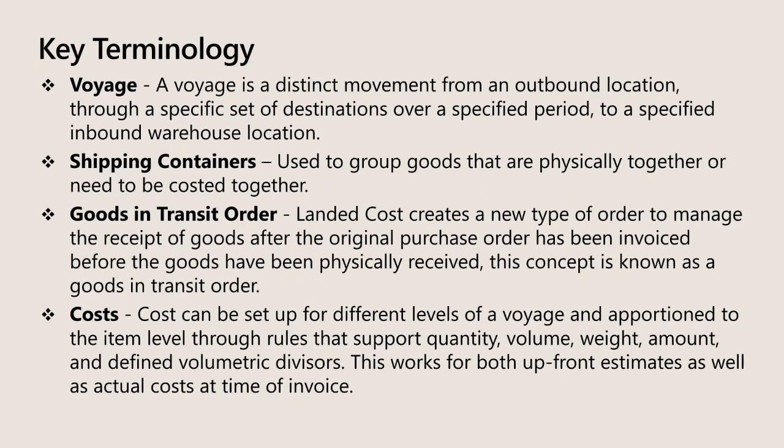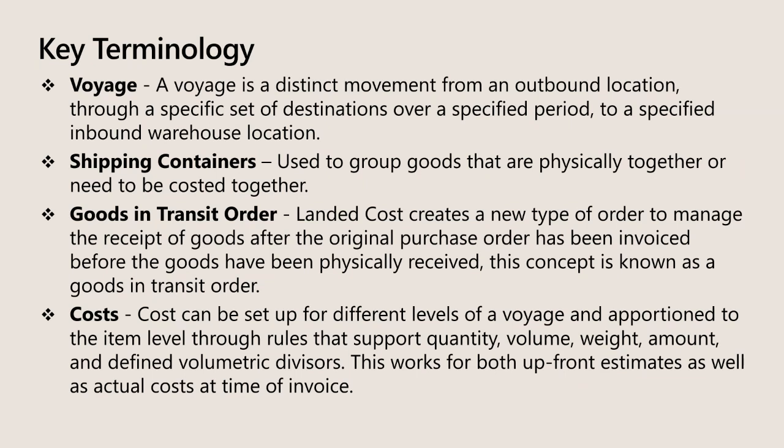And so what this order type now allows us to do is to post that AP invoice, and then, like I said, track those goods, place it into a goods in transit warehouse, and then receive that goods in transit order when they arrive at the warehouse.